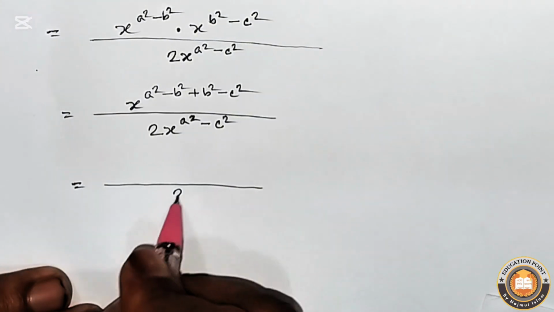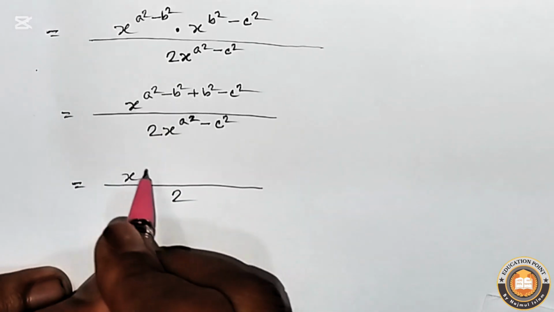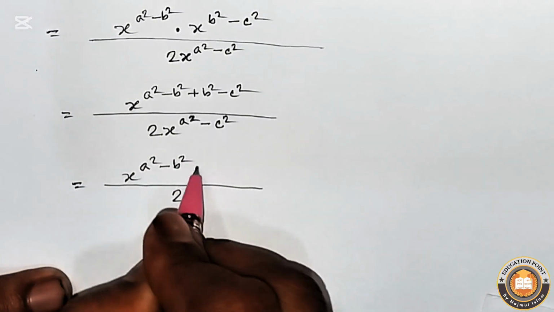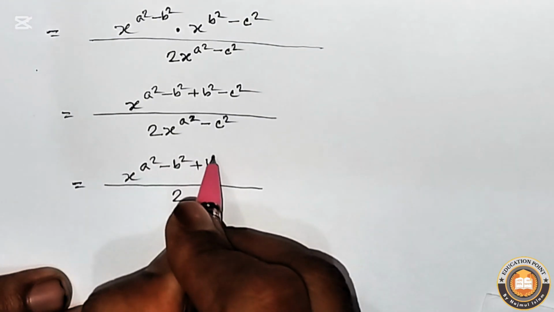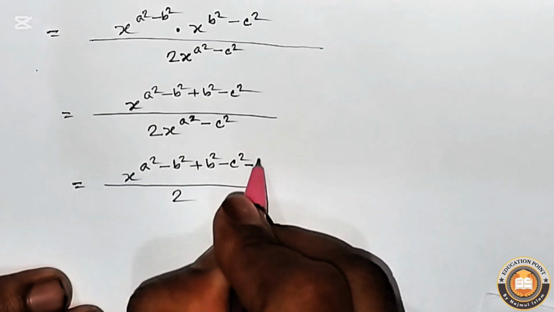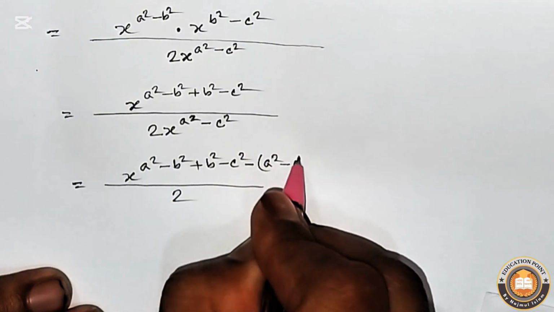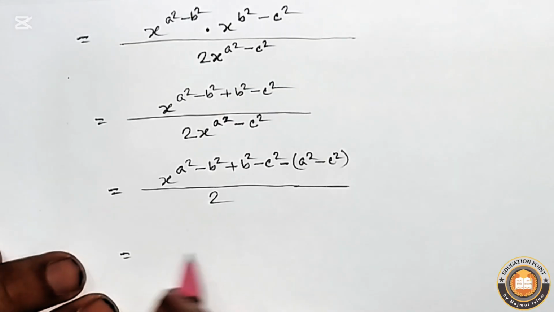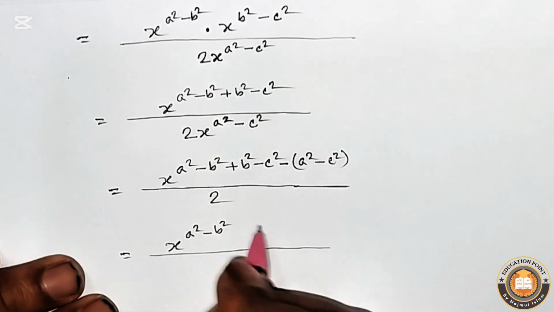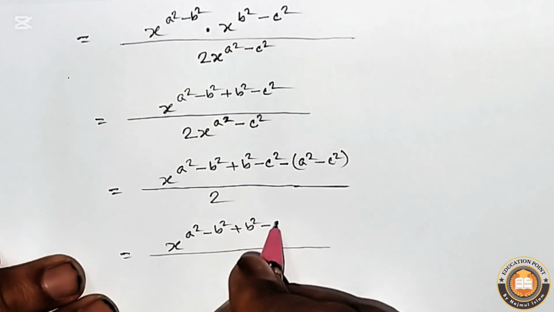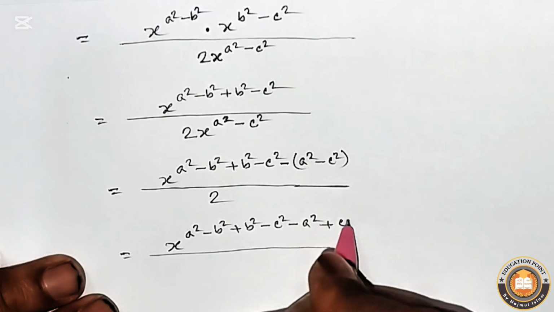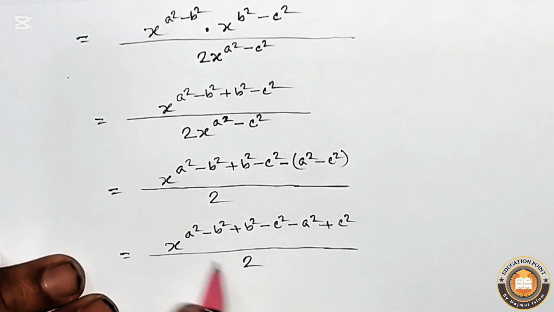According to the formula, we can write here similar base x, so their power will be subtracted: a square minus b square plus b square minus c square, then minus a square minus c square, equals x to the power a square minus b square plus b square minus c square minus a square minus, multiply with minus, that means plus c square, by 2.